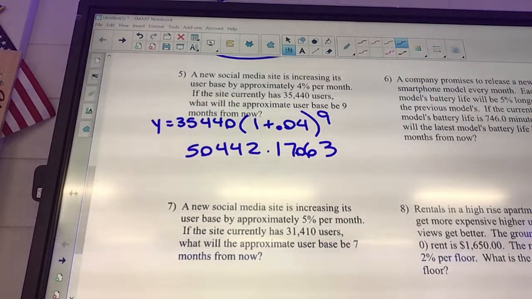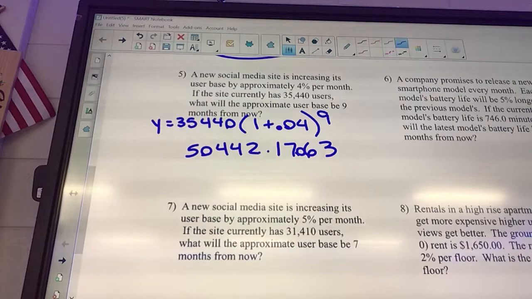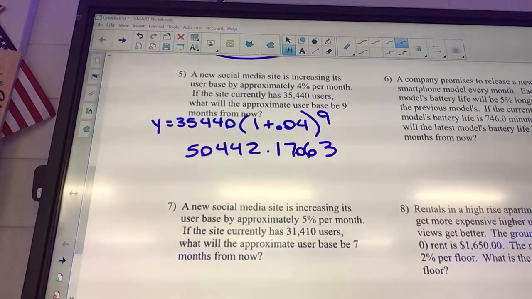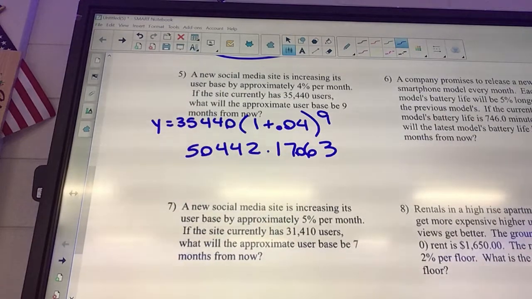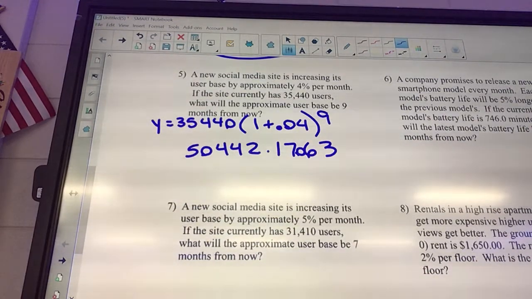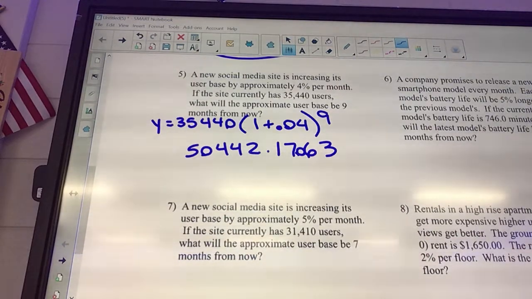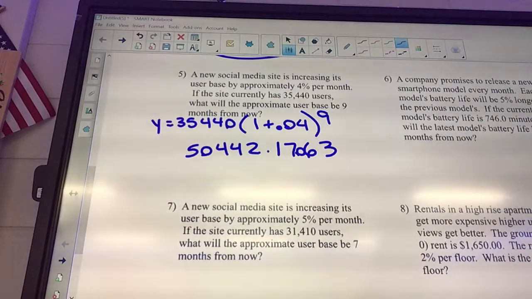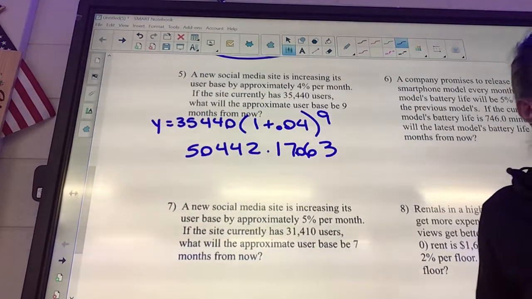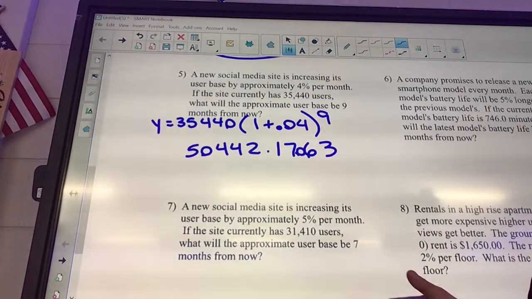What are we talking about? How many users, like people that will be using that site? Do you need the 063? Okay, let's think about this.